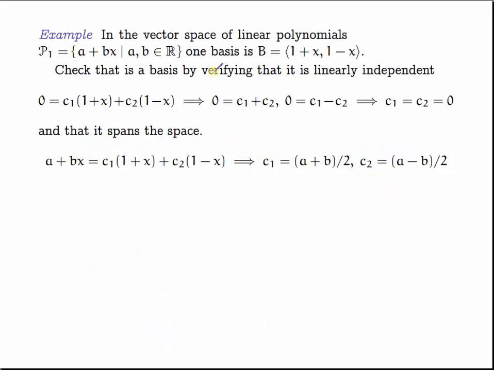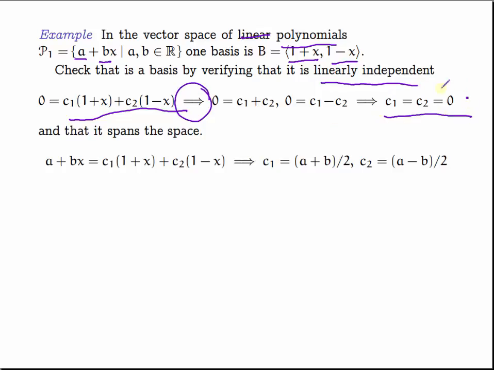Here's another example in the vector space of linear polynomials. Linear polynomial means polynomial of degree 1, so we have a constant term and an x term. Here's one possible basis: the linear polynomial 1 plus x, and another linear polynomial, 1 minus x. We can check that this is a basis the very same way. First, we verify that it's linearly independent: form a linear combination and show that that implies the coefficients must be 0.